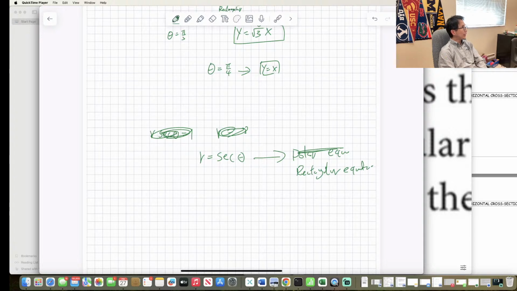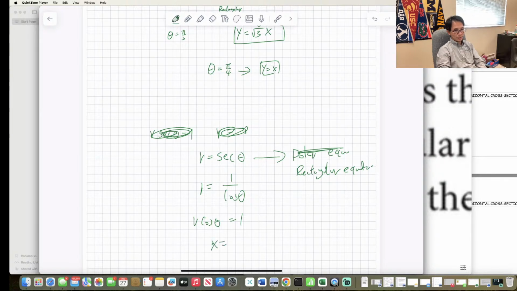What is secant of theta? Does that look familiar? Can I multiply both sides by r? What is r cosine theta?